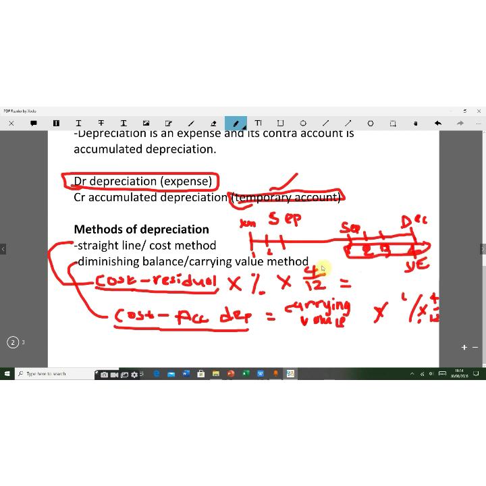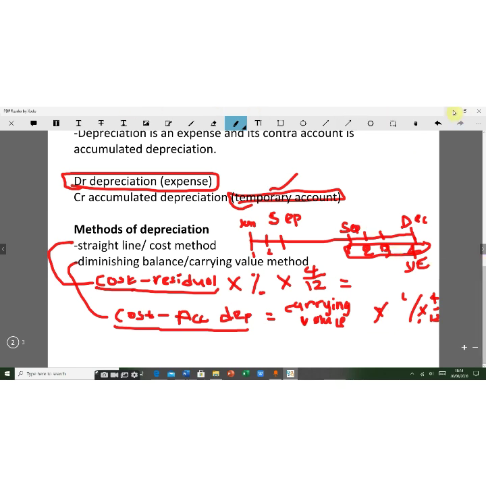So now you're going to do pro rata. Out of 12 months, how many months did the vehicle depreciate for? 4 months. So you take 4 over 12 and then you get your answer. And then also on the diminishing balance method, you do the same. Then you get the answer.